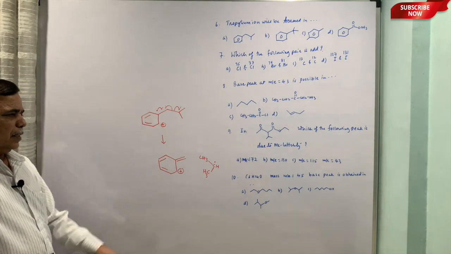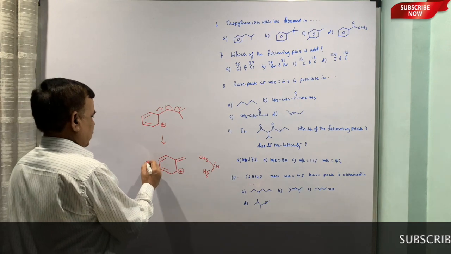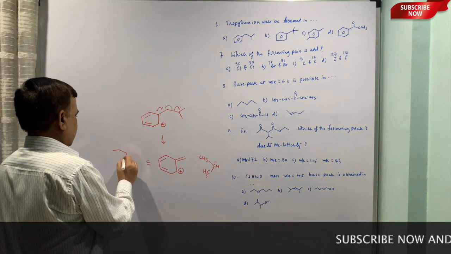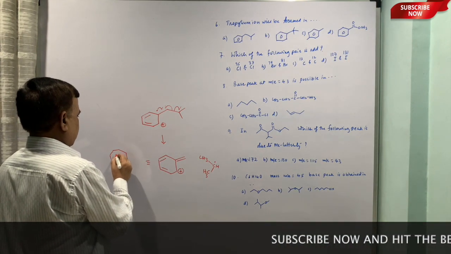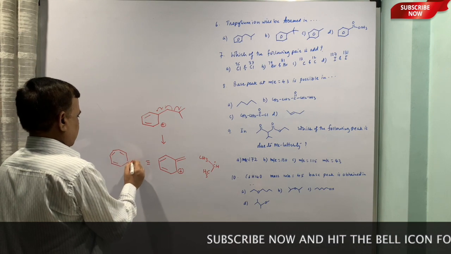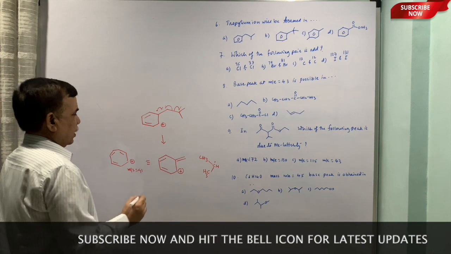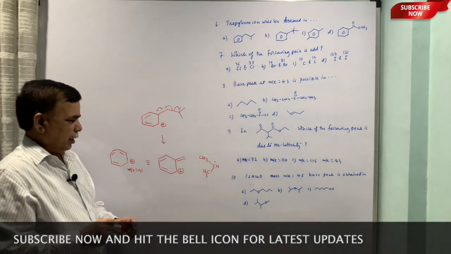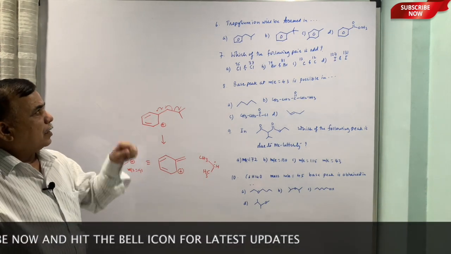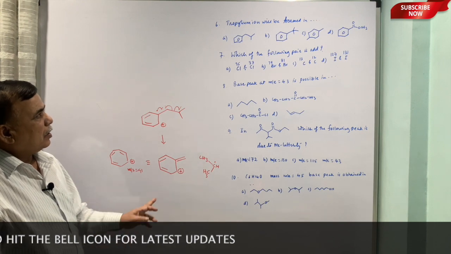Now, this radical anyway is not observed. This is equivalent to your tropylium ion. M by Z is equal to 91. So, M by E or M by Z is equal to 91 is tropylium ion. That is possible in the first compound.